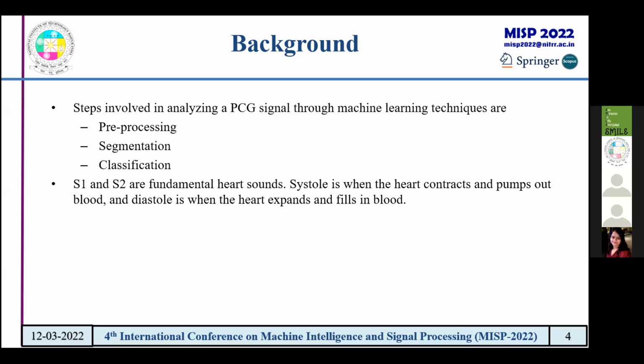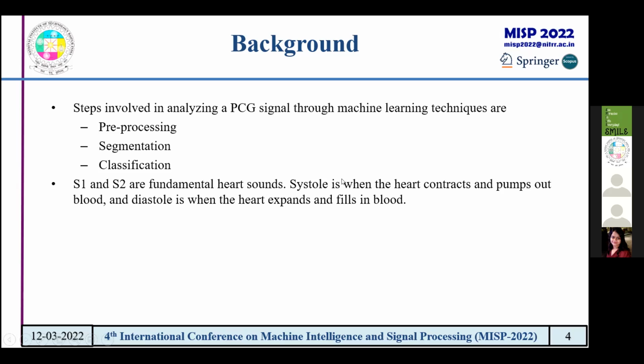After pre-processing, there is segmentation. In segmentation, there are basically four time durations of a heartbeat. There are two fundamental heart sounds, S1 and S2.